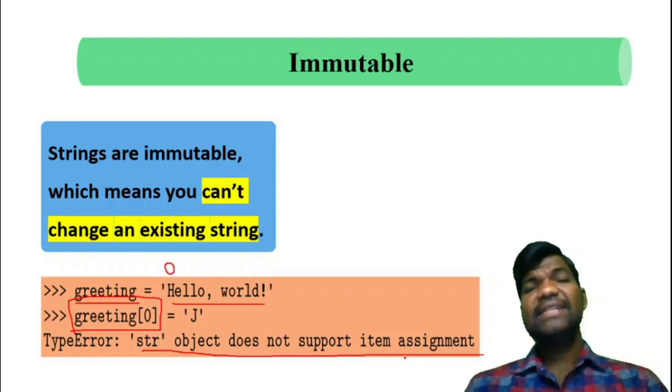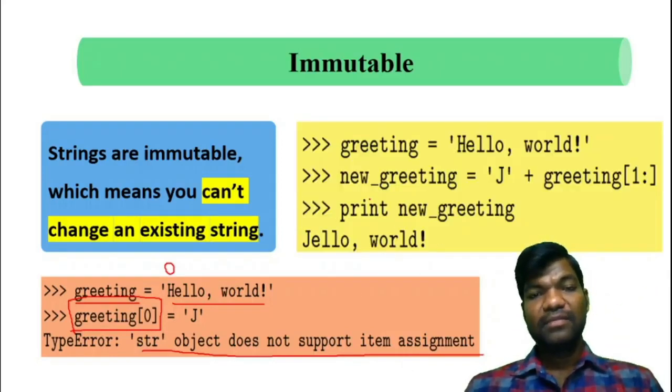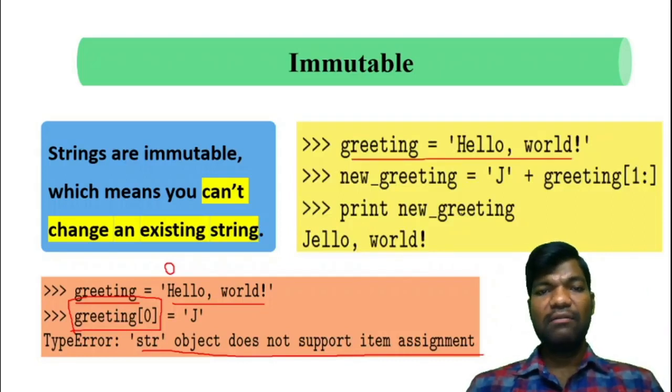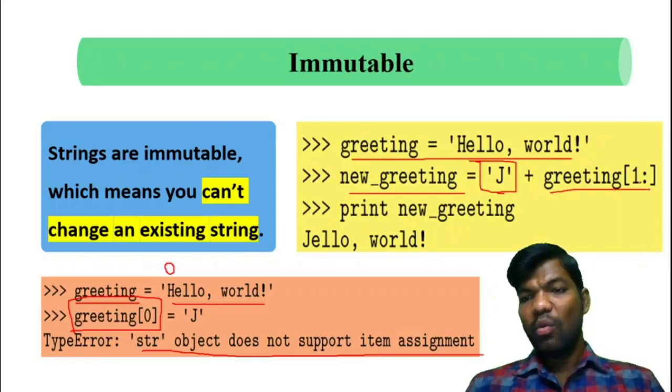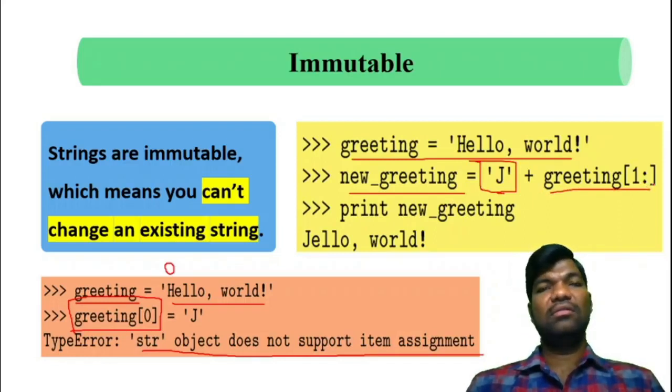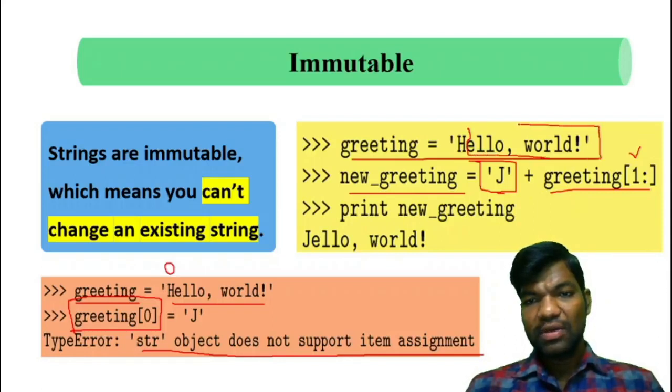Still, there is a way to change those characters. Let's check one example. Same greeting equal to hello world, new greeting equal to j plus greeting of 1 colon. Greeting of 1 colon means 1 is the starting index and there is no end index, so it will display from this character to the end.